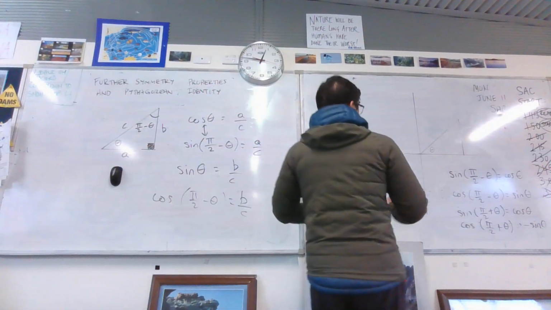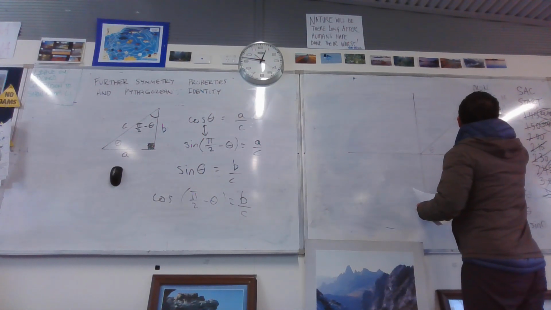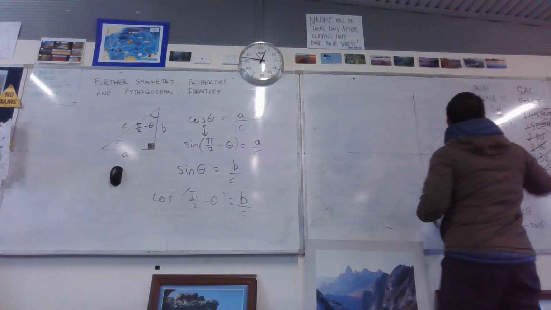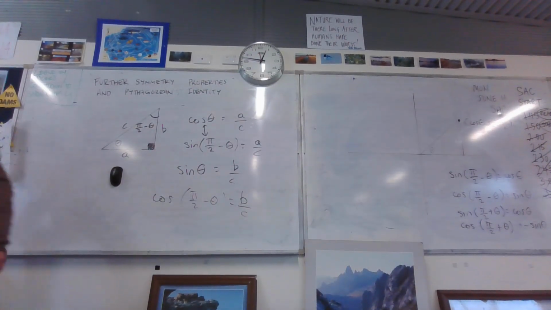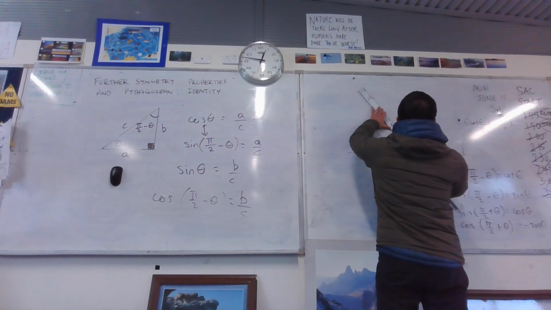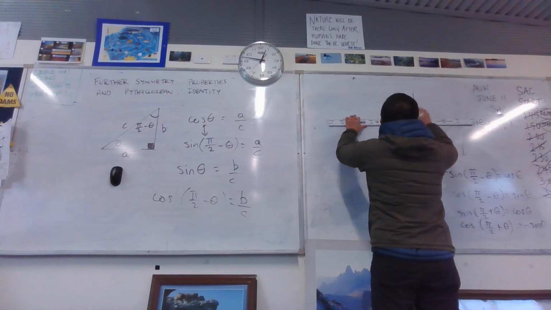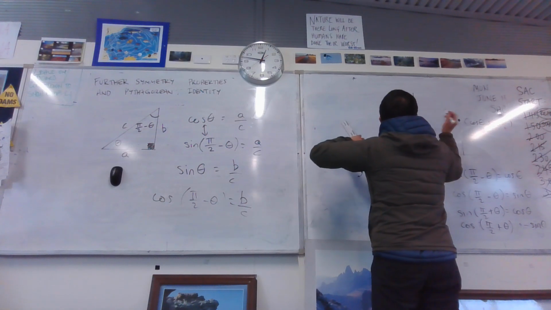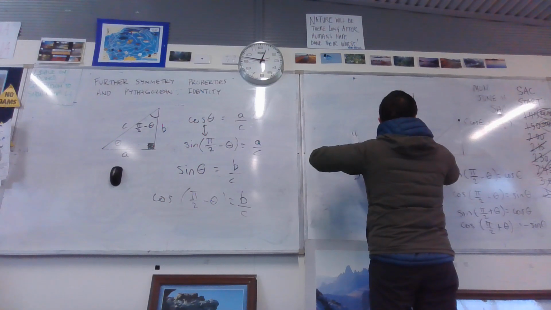So this one, we are all good that this is that. What I'm going to do now, I'm going to push this triangle. Doesn't look the same, but it is, okay? Just leave it.